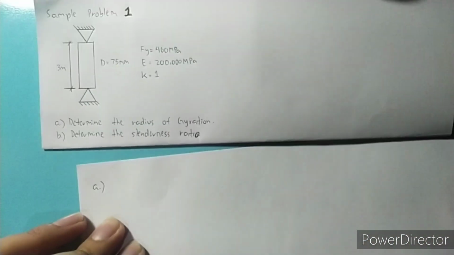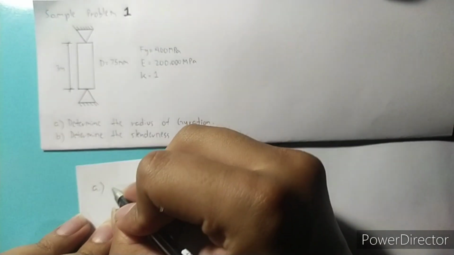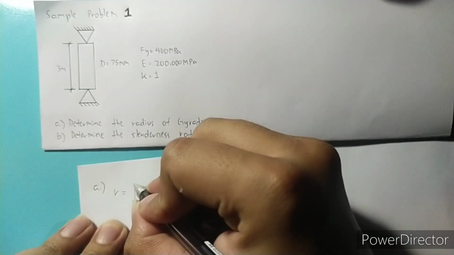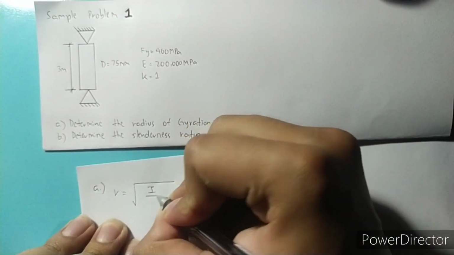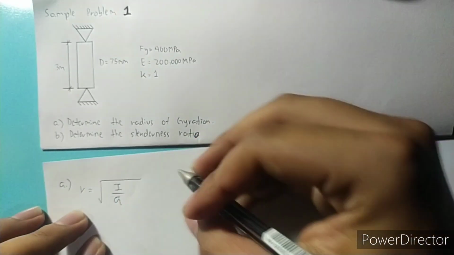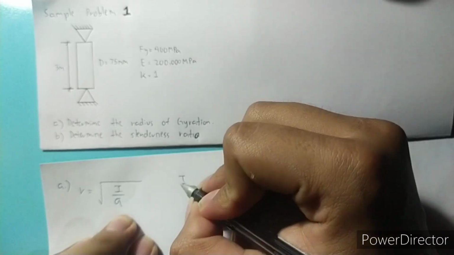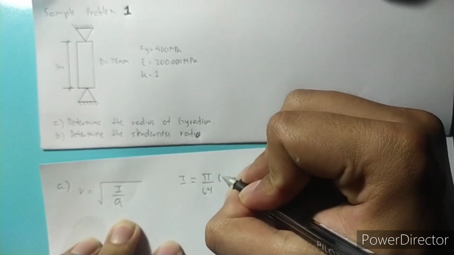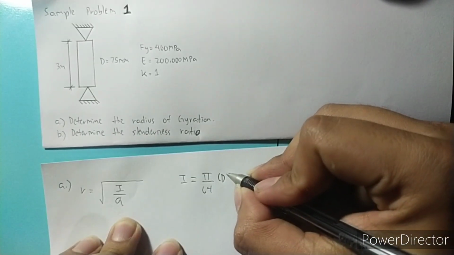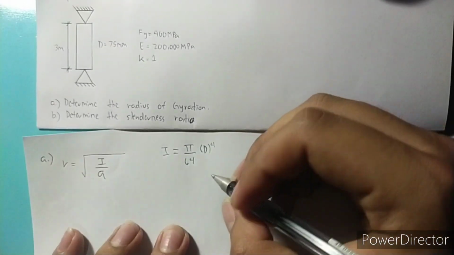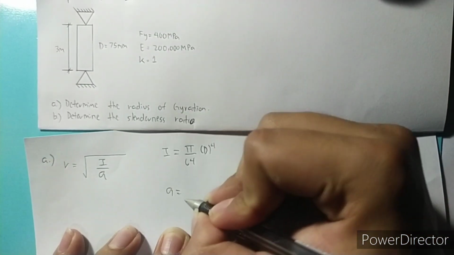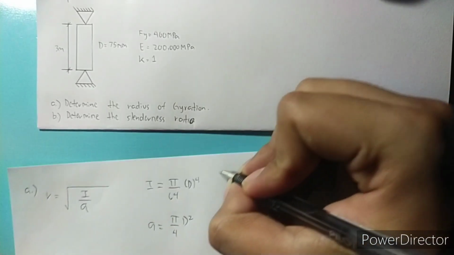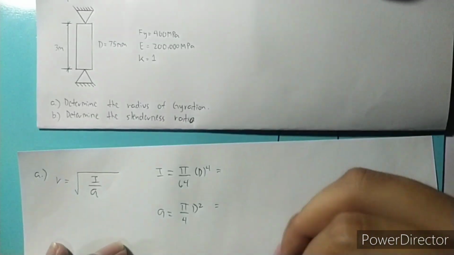This is easy. We have R, the radius of gyration, equals square root of I over A. I, the moment of inertia, has the formula pi over 64 d to the 4th, and A, the area, is pi over 4 d squared. So, direct substitution.